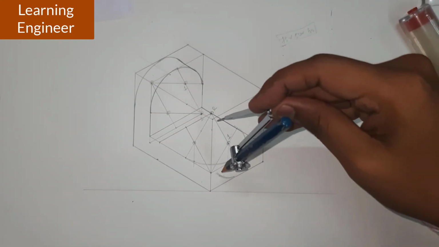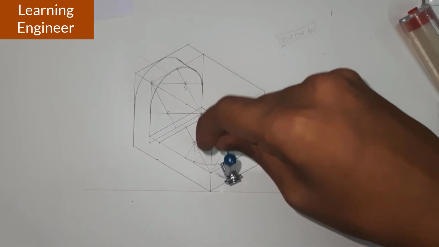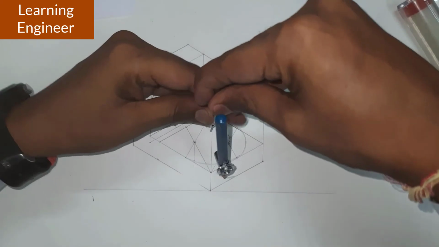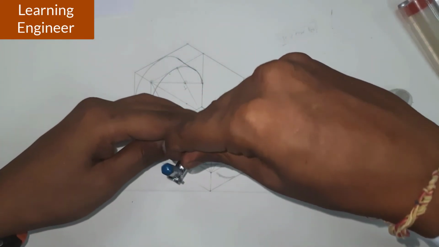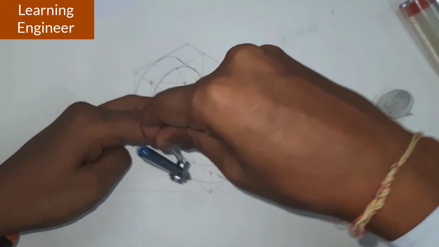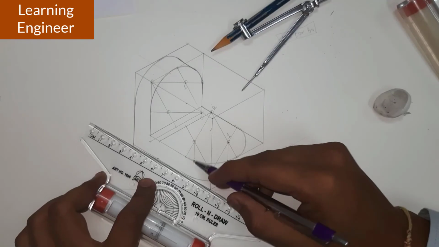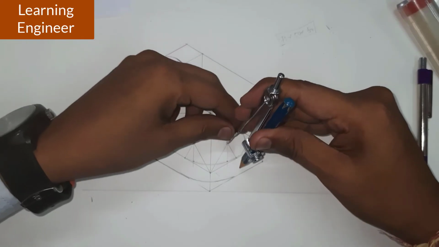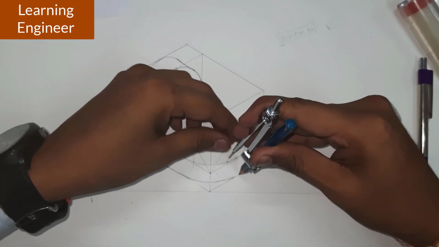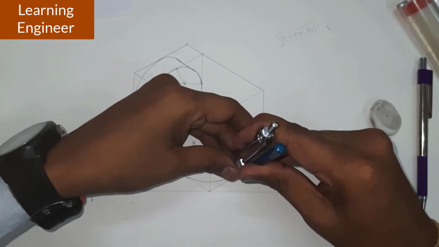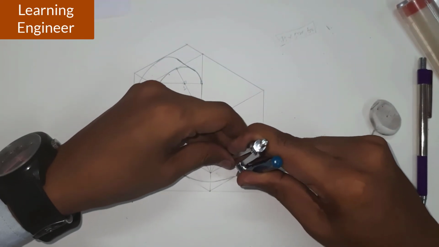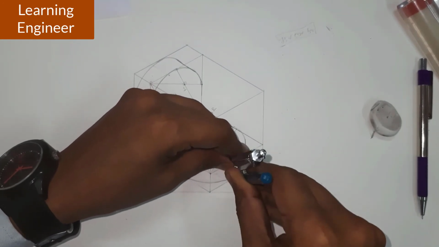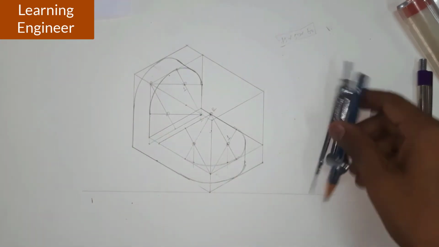Similarly, by coming 15 mm below, which we have marked over here, this much as a radius we have to take and we have to join from this point to this point.